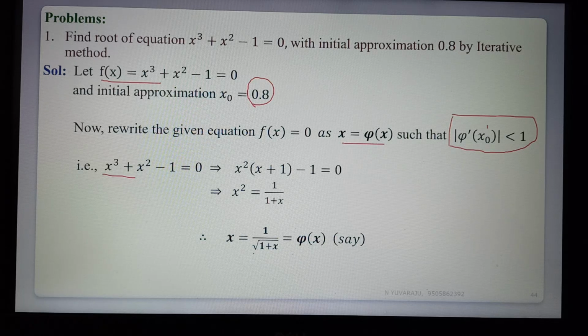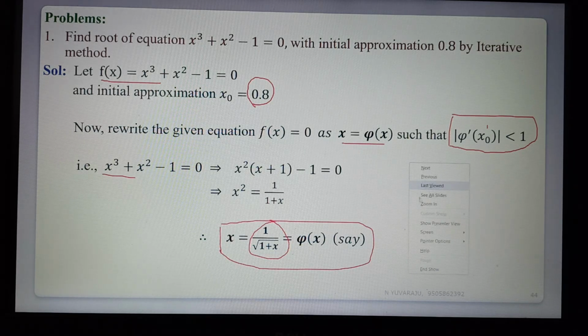Therefore x is equal to 1 by square root of 1 plus x. This is the function phi of x. We can write it any way we like, but the chosen function must satisfy the condition. That is important. Next, find the approximations.